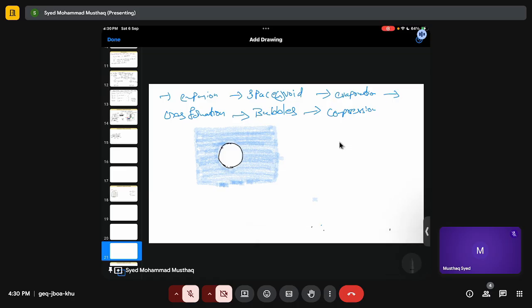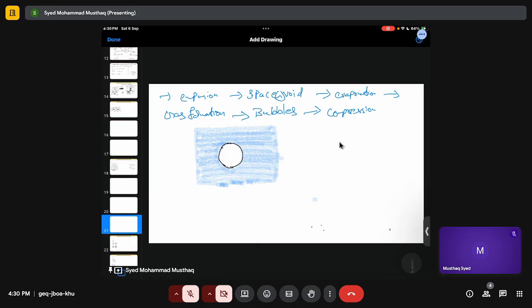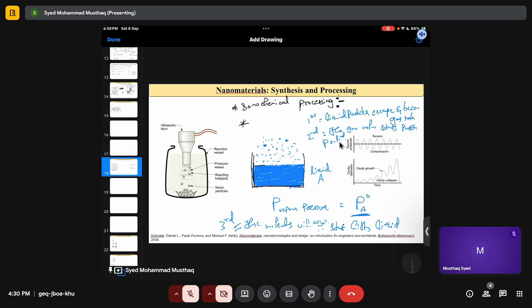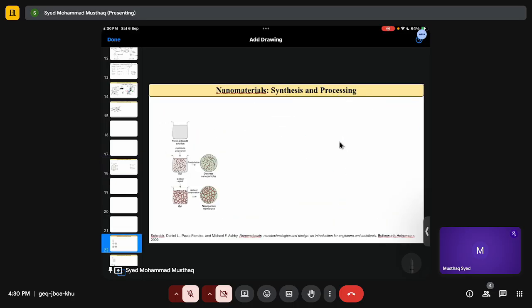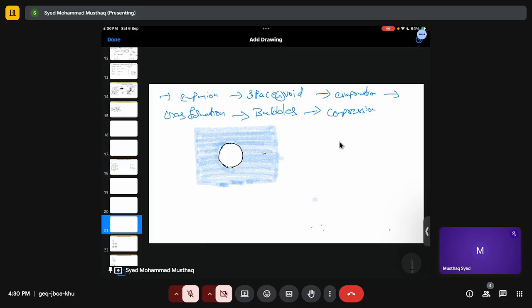Whenever you have a big bubble, again when you compress it, it will burst. Why? Because there is build-up in pressure. Because all the gas molecules are compressed, right?